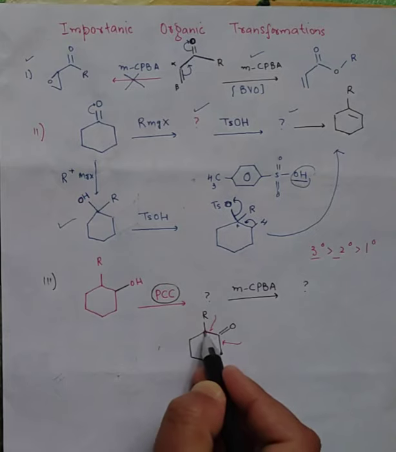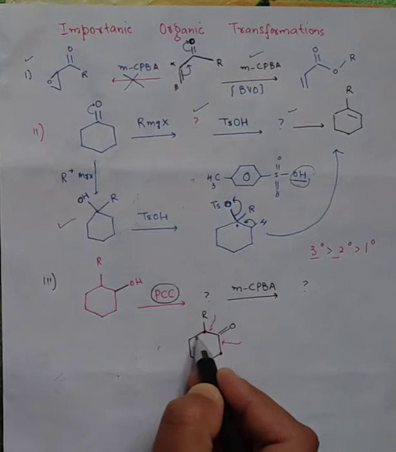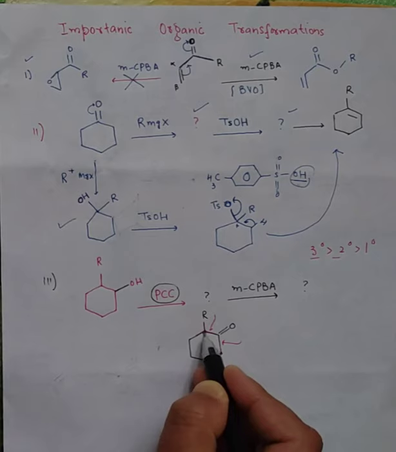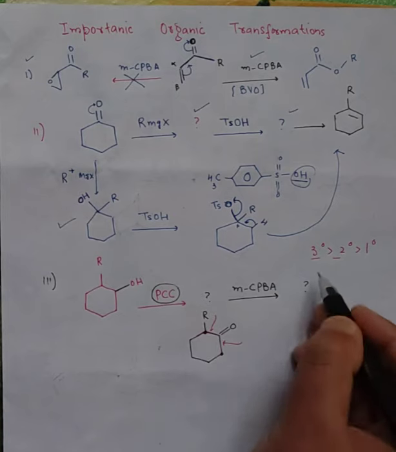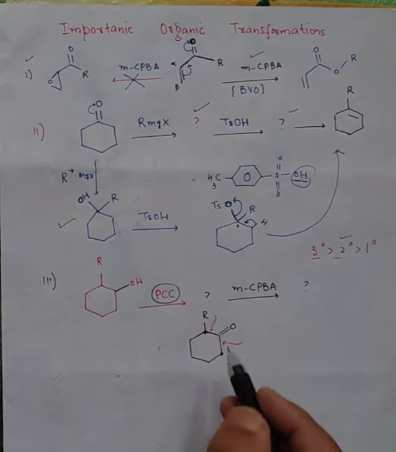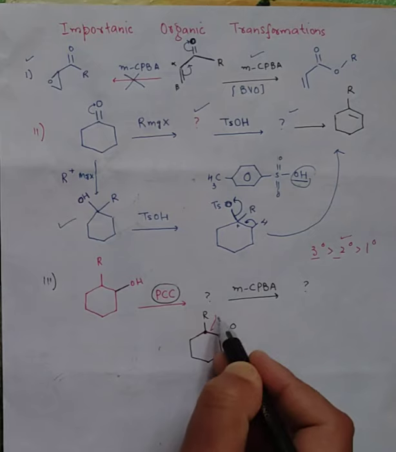On this side we have a carbon with two alkyl groups, so this is a 2 degree carbon. On this side we have a single carbon. So the 2 degree carbon is preferred, and the oxygen will get inserted here.